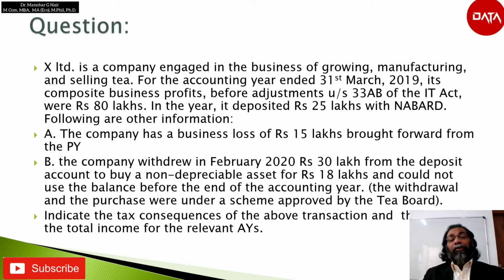The company withdrew in February 2020 rupees 30 lakhs from the deposit account to buy a non-depreciable asset for rupees 18 lakhs and could not use the balance before the end of the accounting year. The withdrawal and the purchase were under the scheme approved by the Tea Board. Indicate the tax consequences of the above transaction and the total income taxable for the relevant assessment years.